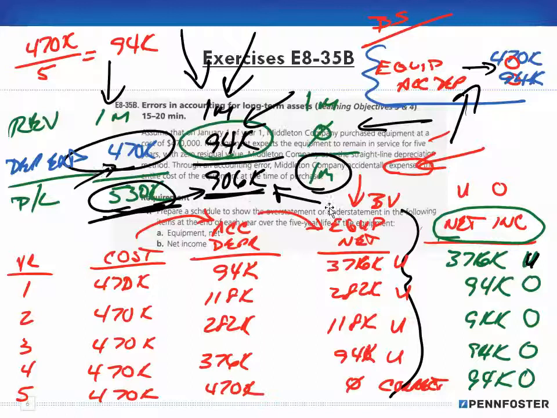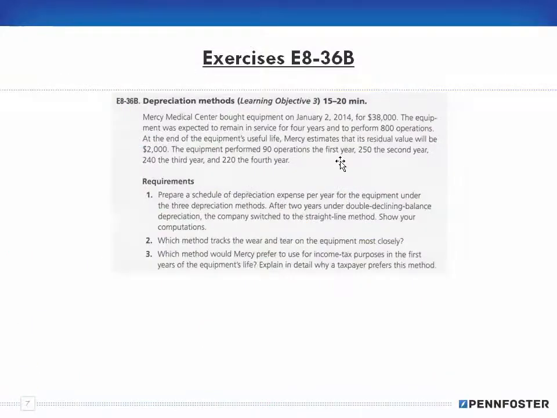And I had said, go back and watch the theory videos for depreciation, and also go back and watch the framework videos in the introduction for the relationships between the balance sheet and the income statement. When you make an error, it doesn't affect just one thing. That effect ripples throughout your entire books.